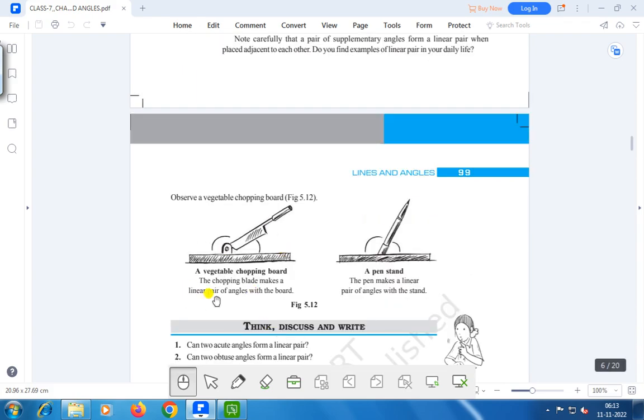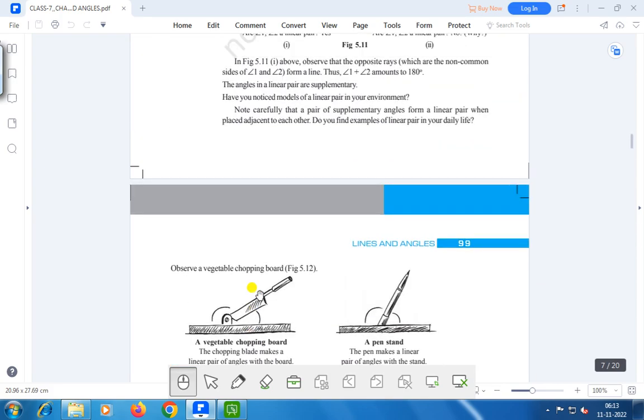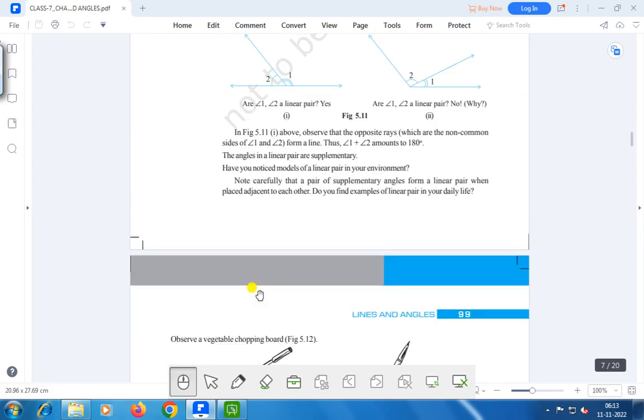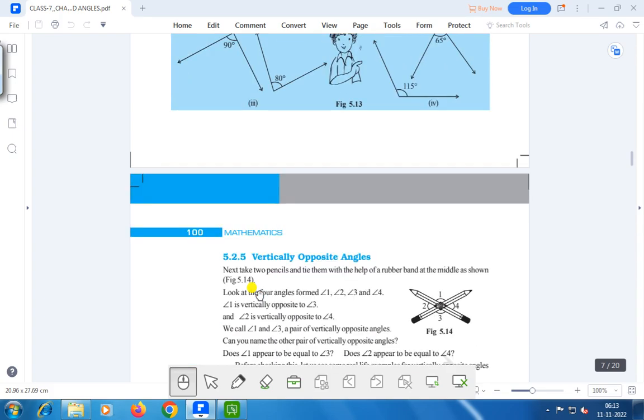Next one here is C. This is an example of linear pair, a vegetable chopping board, a pen stand, because this angle plus this angle is 180 degrees, and this angle plus this angle is 180 degrees. Not only that, they have a common vertex and a common arm, and the non-common arms are opposite to each other. This is the definition of linear pair.